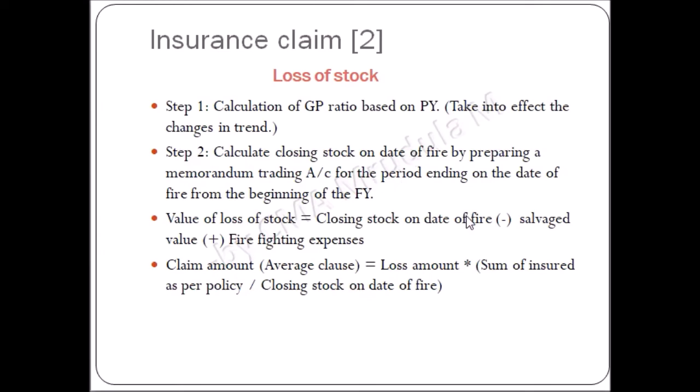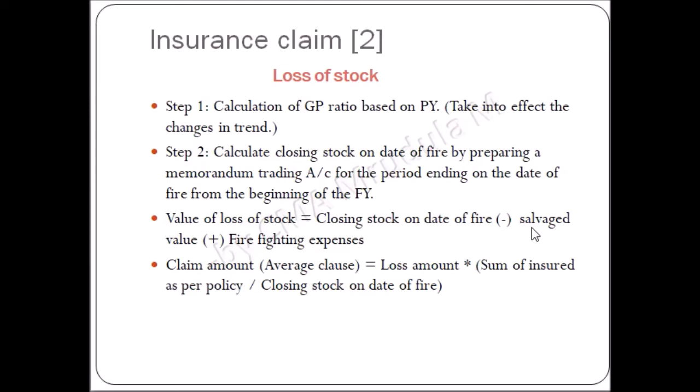Memorandum trading account is prepared as a trading account is prepared. It is called a memorandum trading account because it is not prepared for the entire year and it is prepared only for a specific period. Step 3. The value of loss of stock is equal to the closing stock on date of fire as determined by preparation of memorandum trading account minus the salvaged value plus the firefighting expenses.